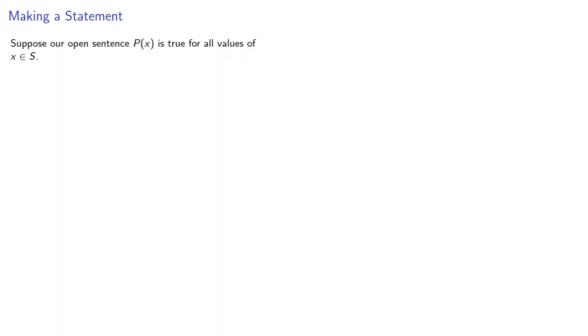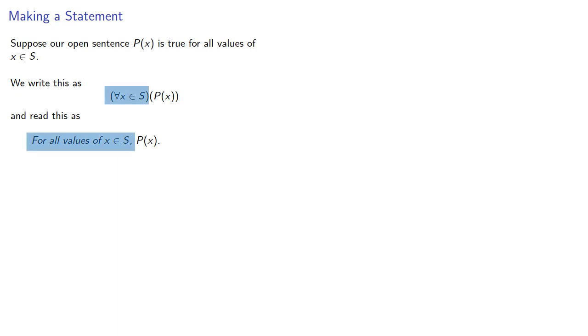Suppose our open sentence, we'll call it p of x, is true for all values of x in the set. We'll write this way, and we'll read this as for all values of x in S, that's this inverted A, p of x. We call this our universal quantifier.